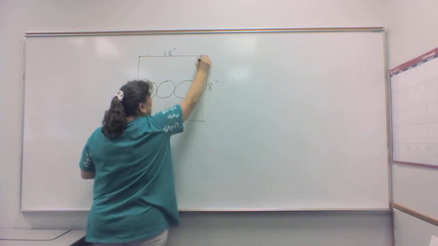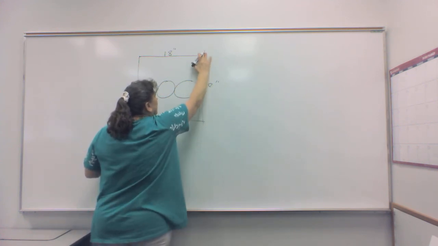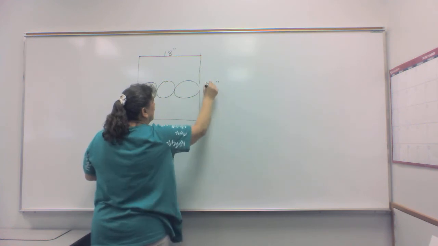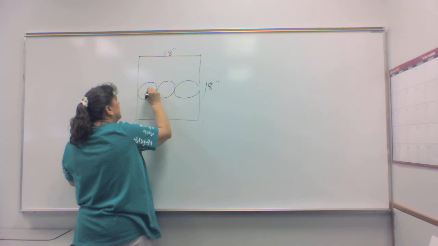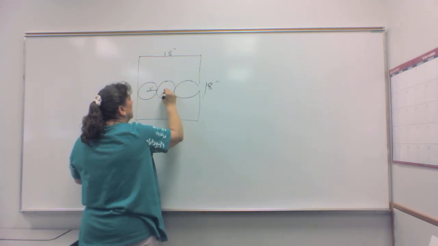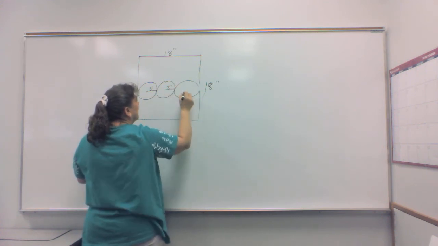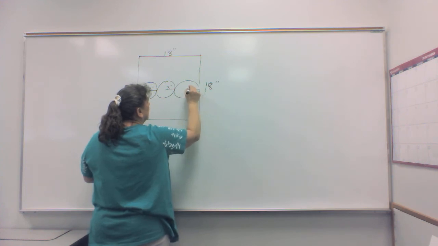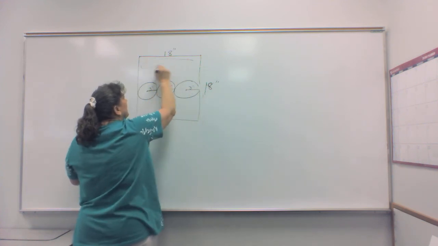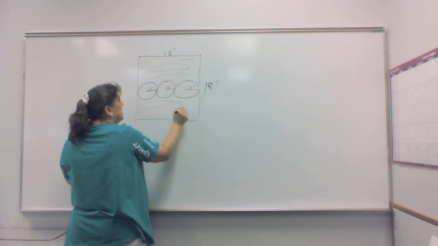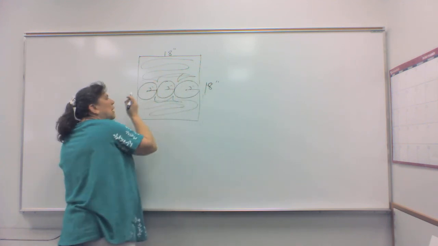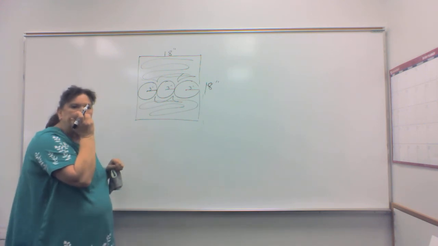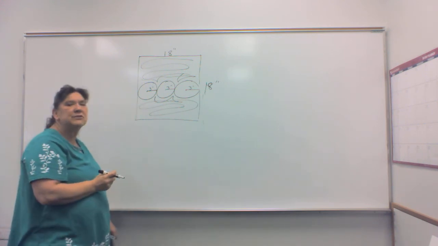I didn't get it very evenly divided, but anyway. And each one of these cans has a radius of 3 inches. How much area is in the shaded area? Everything outside the cans, or the circles, how much area is in there?